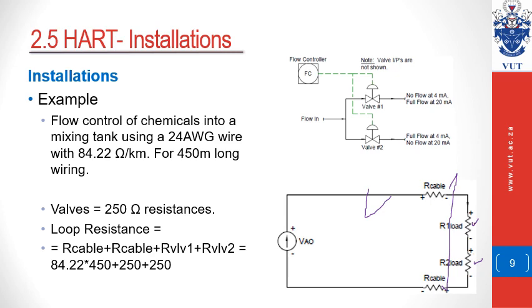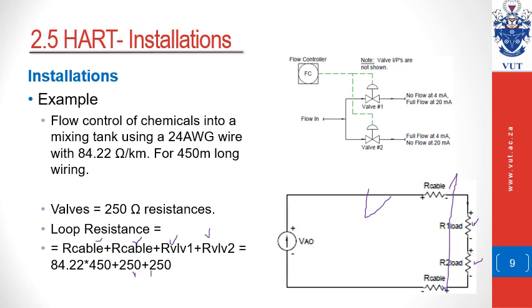Typically, each valve will have a resistance of 250 ohms because of the standard of the analog loop. The loop resistance can be calculated by taking the resistance of the cable in one direction and then the other direction, which is the return path, plus the resistance of each of valve 1 and valve 2. Each valve resistance is 250 ohms plus 250 ohms.